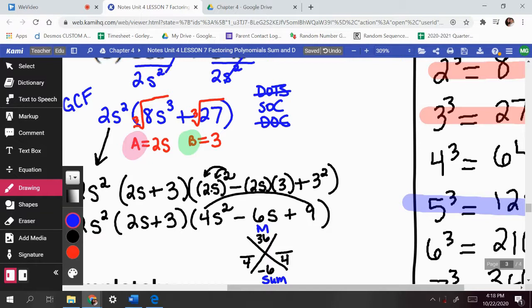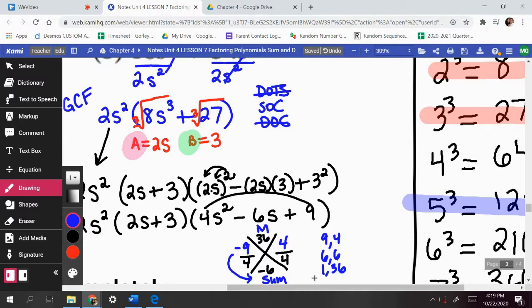Well, what are some things that multiply to give me 36? Like 9 and 4. We would have 6 and 6, 1 and 36. If I maybe did -9 and plus 4, that would be -36, but it's not positive 36.